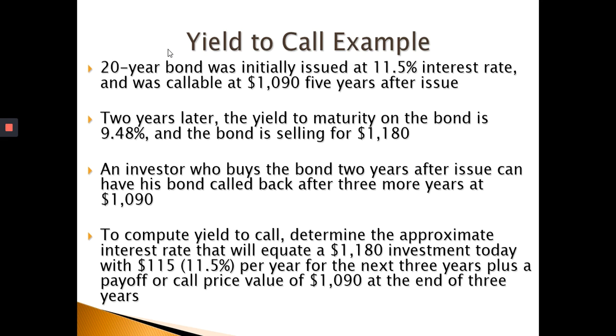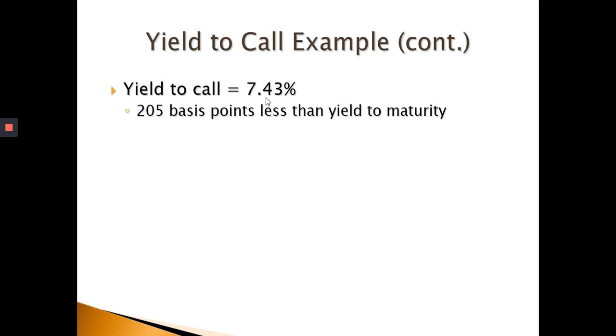So with the 20-year calculation per annum, you get 9.5%. But since you are calculating yield to call, you're not waiting until the end of the 20 years. You are just going to sell it in the next 3 years. Therefore, you only get 7.43% per annum. All right, so that is why it's 205 basis points, about 2.05% lesser than your yield to maturity.